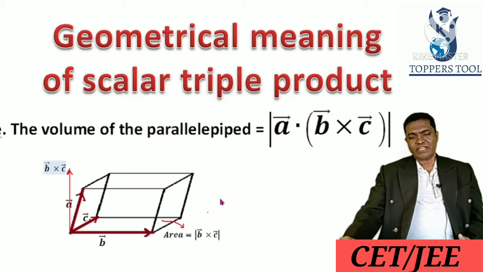This solid is called a parallelepiped, meaning each face is in the form of a parallelogram, and vectors A, B, C are the adjacent sides of the parallelepiped. Let's understand how the volume is given by the triple product.